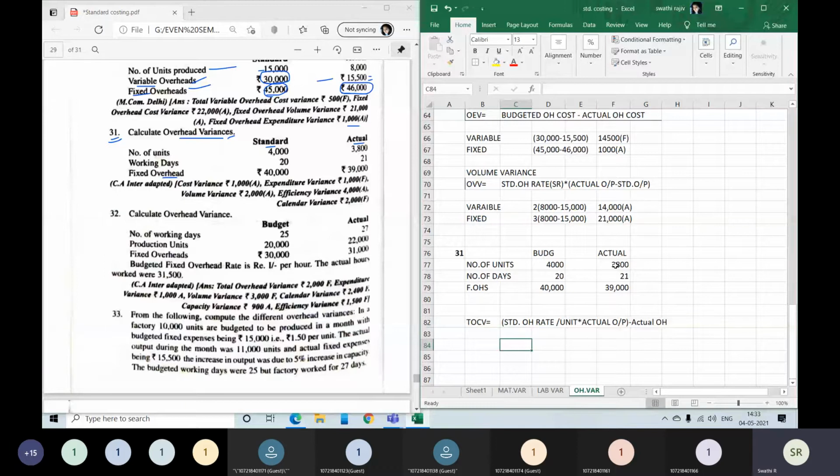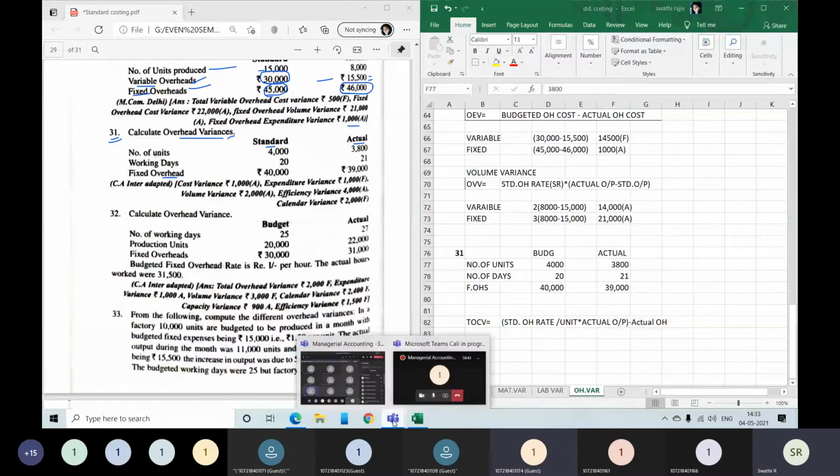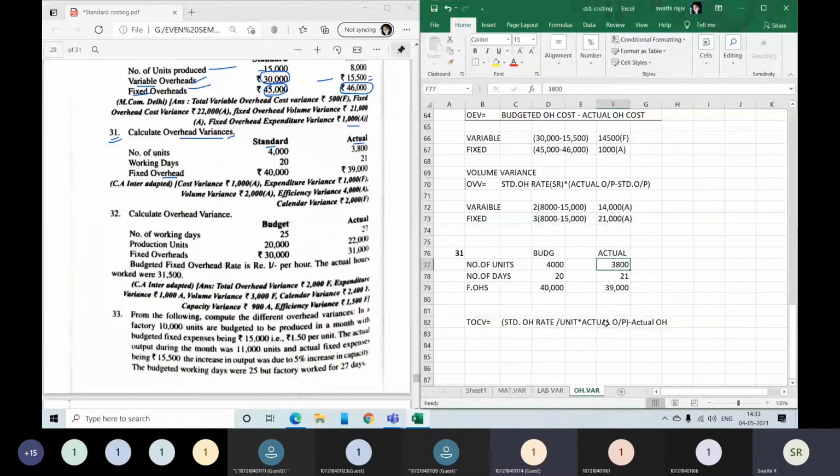We have actual output. Class, are you there? Yes, ma'am. 3,800. Do you have actual overhead? Yes, ma'am, 39,000. But you don't have the standard rate, no? Find out your standard rate. Standard rate, what is the formula? How will you do it?